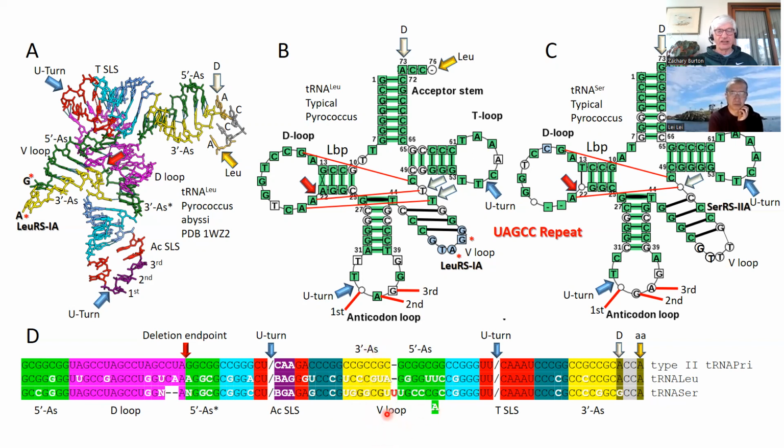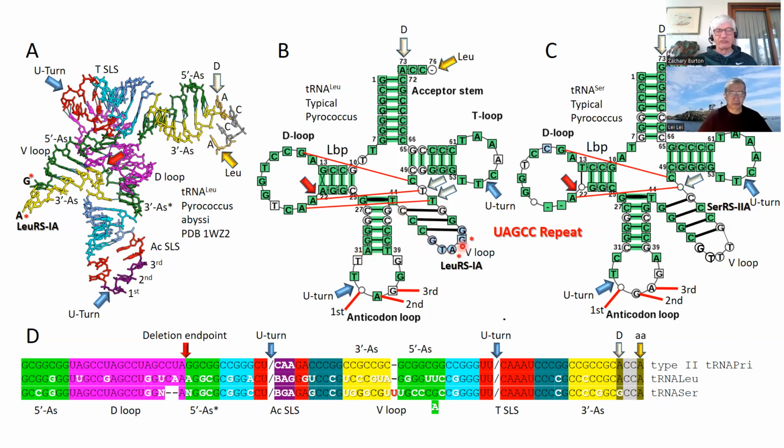And in tRNA serine, it's 7 plus 7 plus 1. There's the one base insert into the V loop in this particular organism, Pyrococcus. So this is a variable loop, and that's a variable loop. I've already explained all this because that's the same as type 1 tRNA, so it doesn't really need to be explained again.